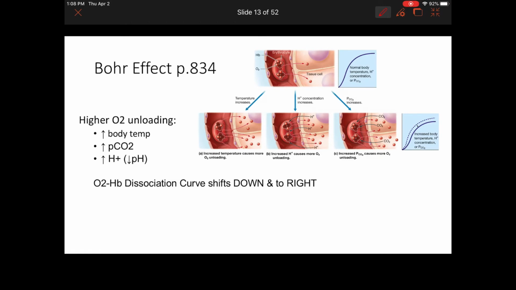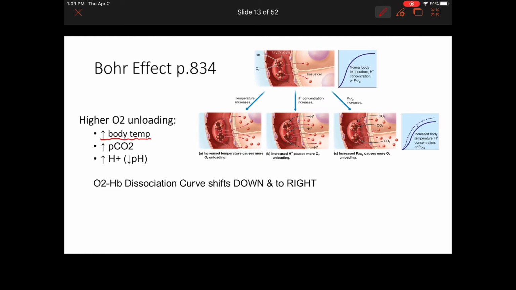One factor that influences how well oxygen binds to hemoglobin is body temperature. The higher your body temperature, the more oxygen will be discharged from the hemoglobin molecule.